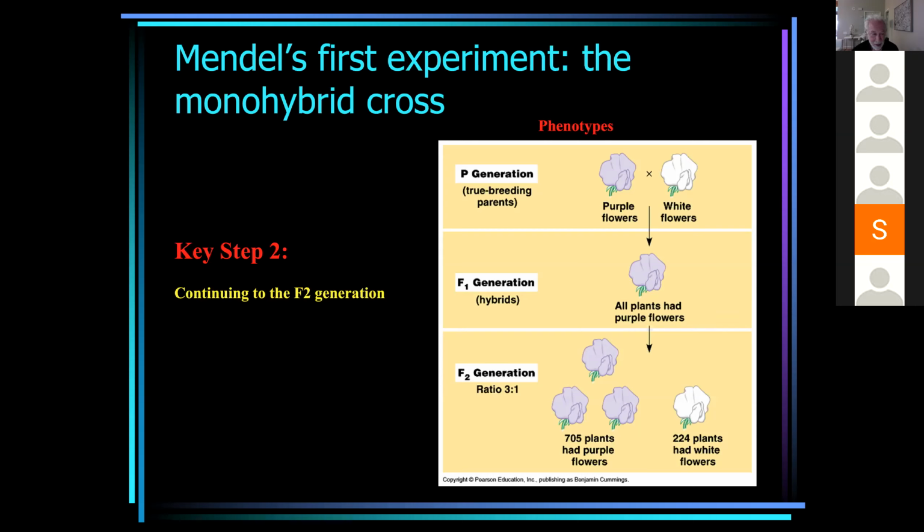Now, the key thing that Mendel did next, instead of stopping here, he mated F1 individuals with each other to get the F2 generation. And when he did, he found that the white flowers reappeared. And the ratio of purple flowers to white flowers was 3:1.